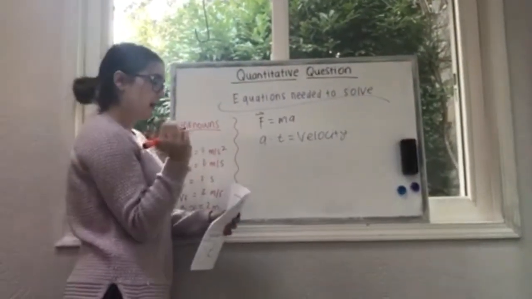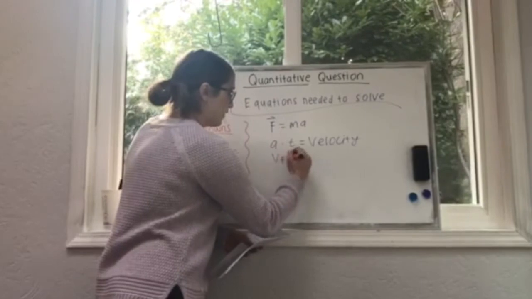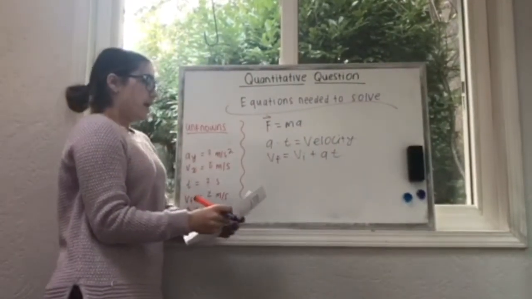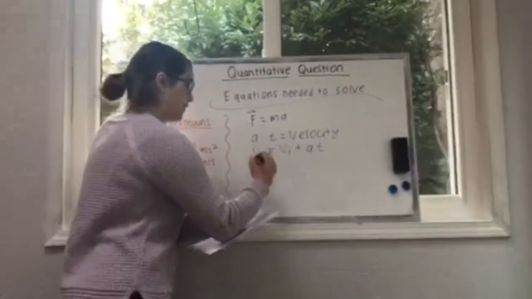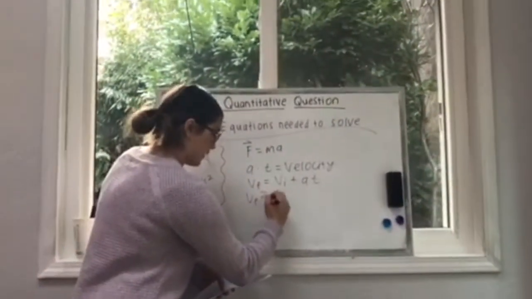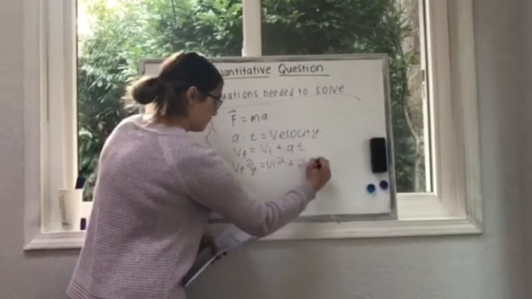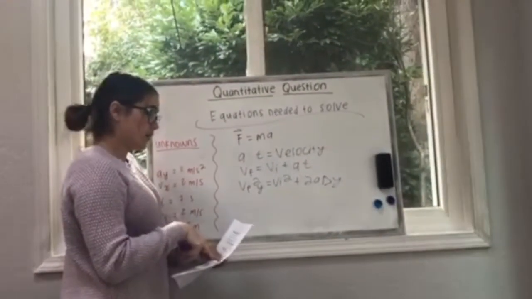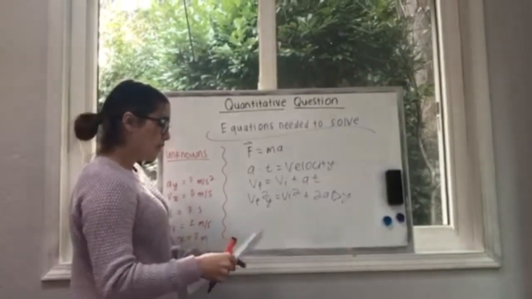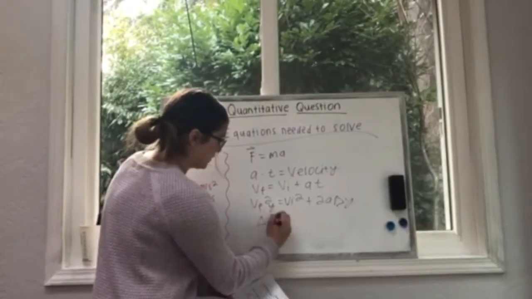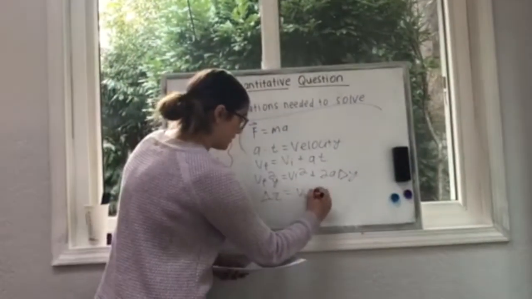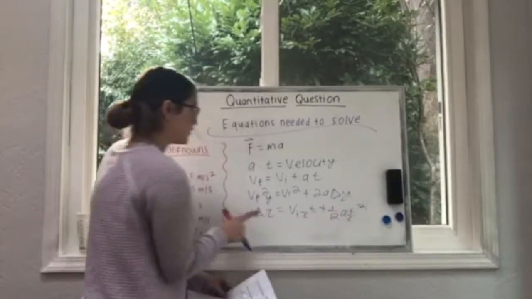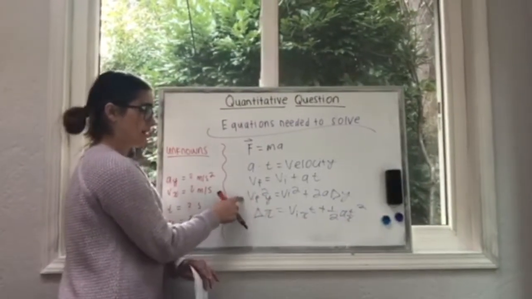So in order to find the time, we will need to use another equation, and we will also need to use the final position equation. These are all kinematics equations that you can find on your equation sheet, and we will also need one more. This is all in the x direction, this is all in the y direction, okay?